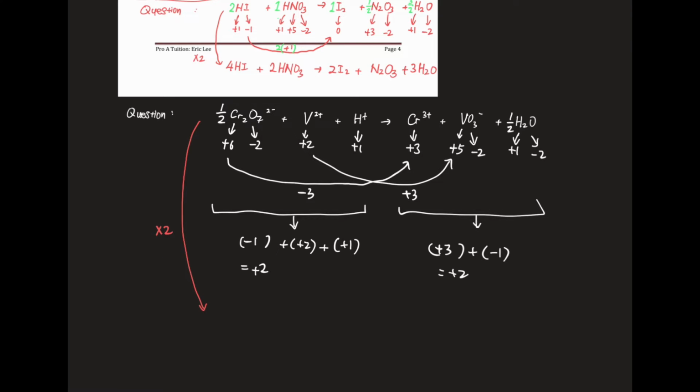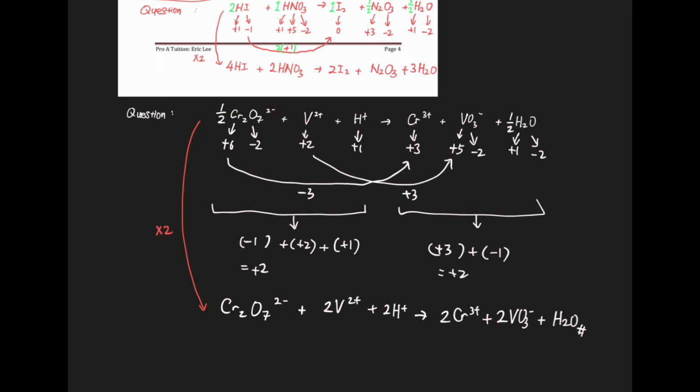So if we times 2, then we will get Cr2O7 2 minus plus 2V2 plus plus 2H plus, 2Cr3 plus, 2VO3 minus plus H2O.